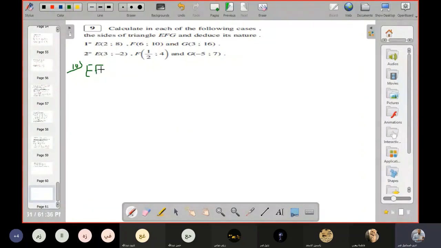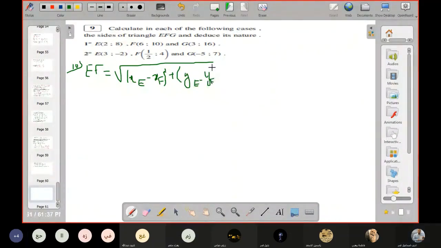EF equals radical of (X of E minus X of F) all squared plus (Y of E minus Y of F) all squared. Then we use this formula to find the measure of the sides of this triangle.